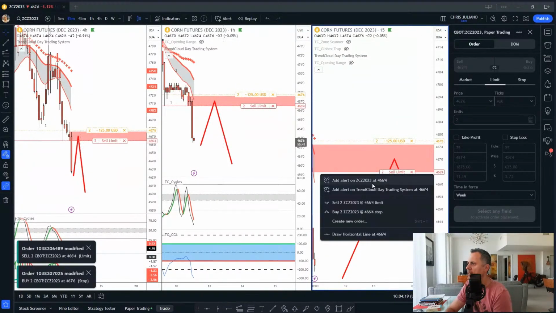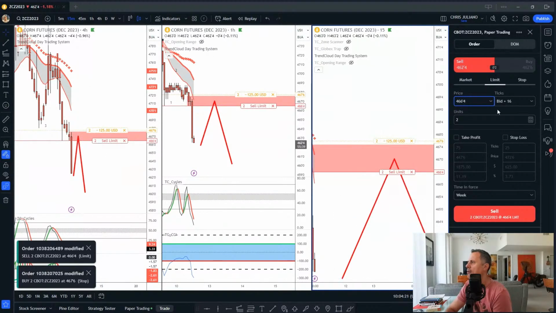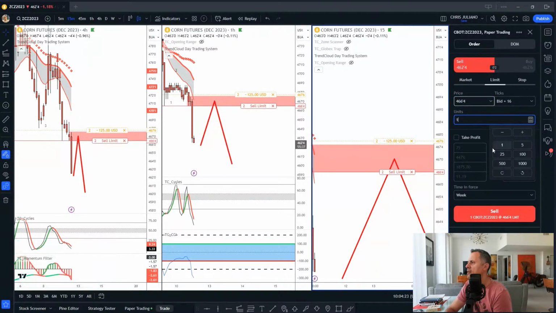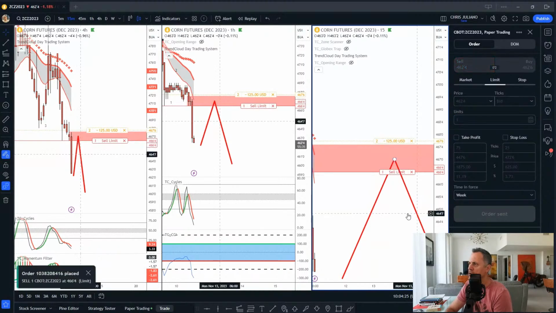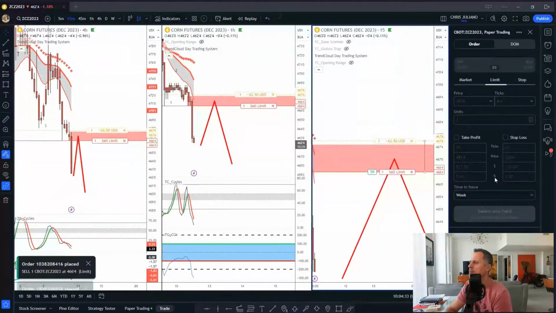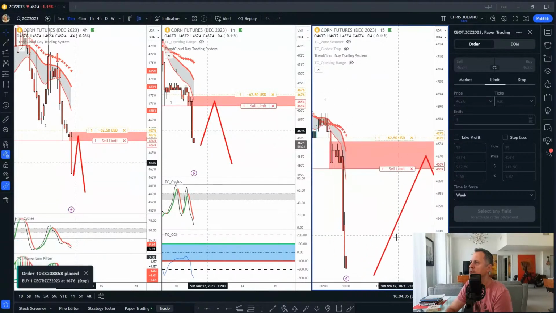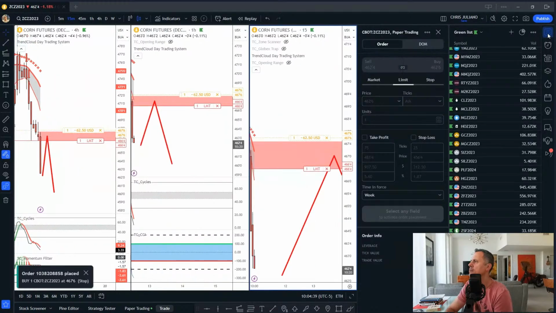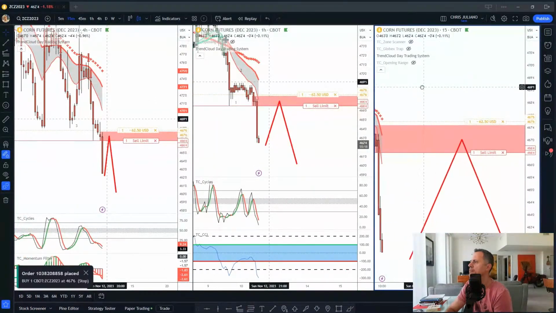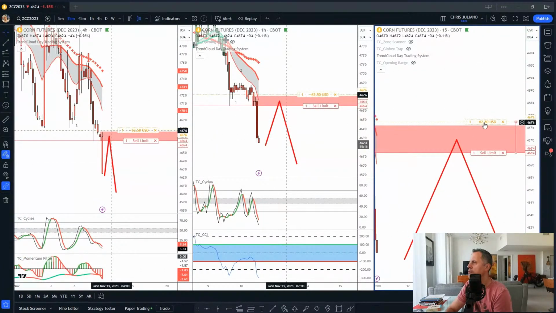So put it like this. Put the second, now we've got multiple contracts and we can scale out of the position. There you go. There's your setup on corn right there.